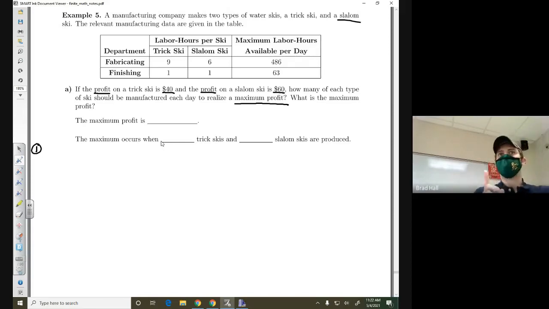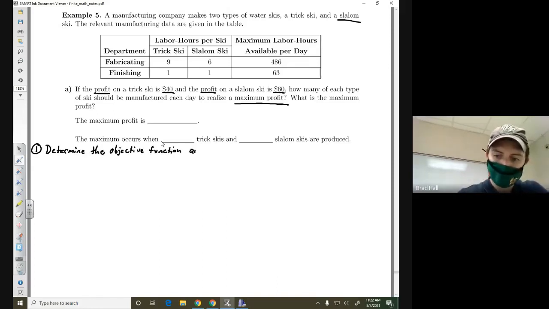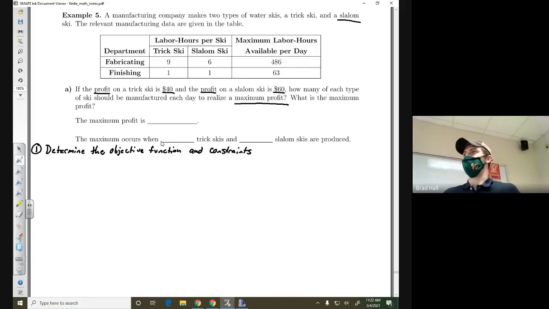The first thing we need to do, though, unlike the other problems, is we need to determine the objective function and constraints, as they're called. Constraints just means what are the inequalities.